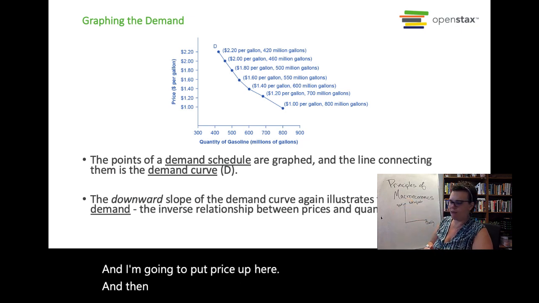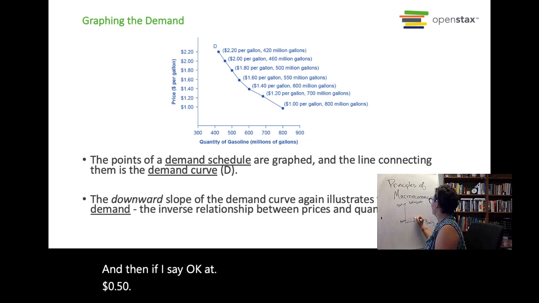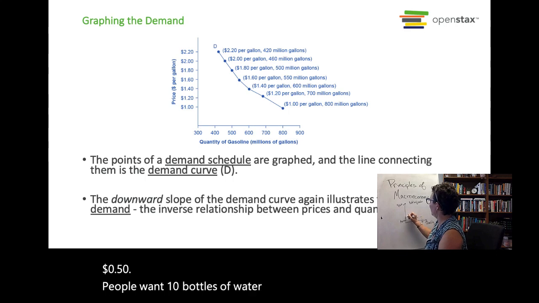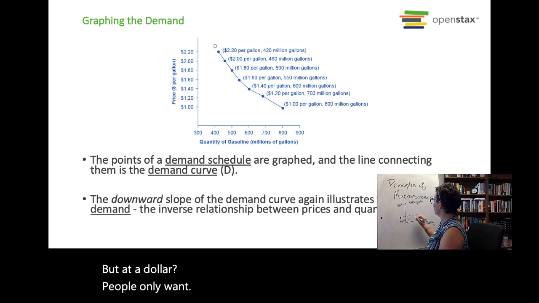Say at 50 cents, people want 10 bottles of water, but at $1, people only want 8 bottles of water. At $1.50, people want 6. And at $2, people want 4.